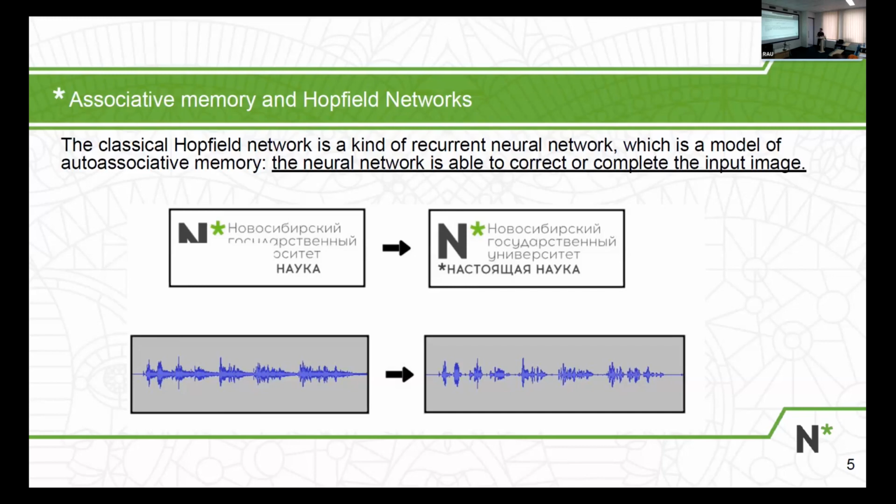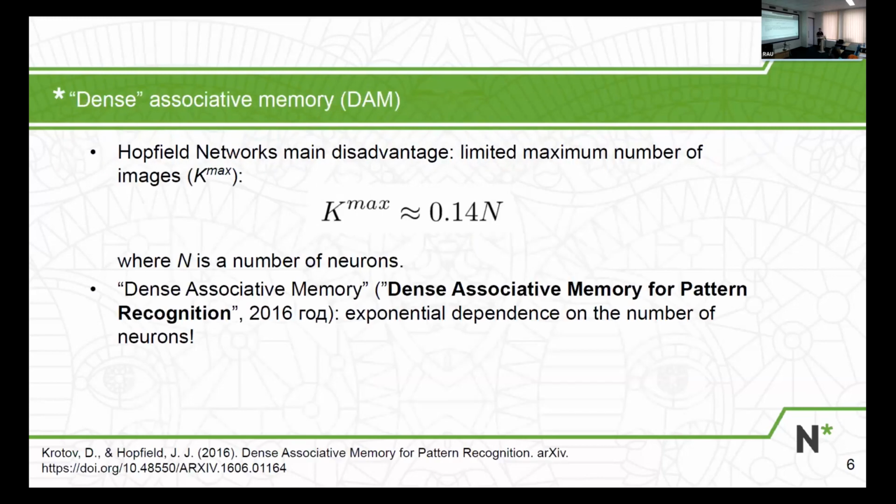But the main problem of Hopfield networks was the limited maximum number of images, which had a linear dependence. You can see it on the screen.